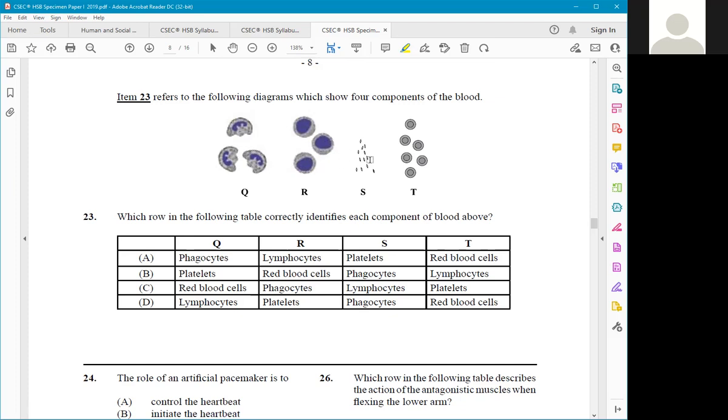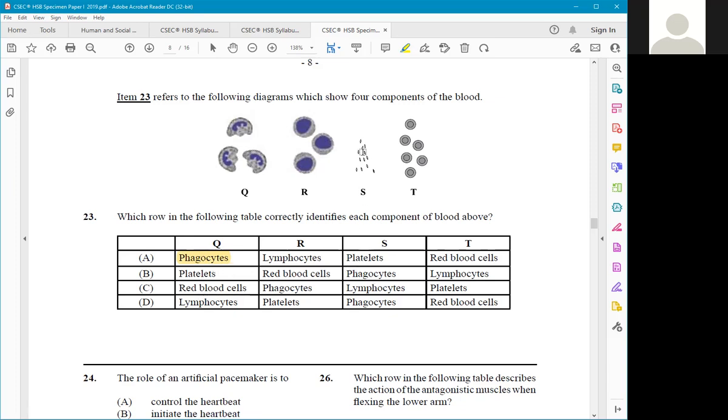So in doing a question like this, let's say you do not know one or two of the structures here. You could still get the correct answer by elimination. So you know definitely for sure Q would be phagocytes. You would say, okay, this could be one answer, and you don't see phagocytes here again. And then you check to see where they have phagocytes.